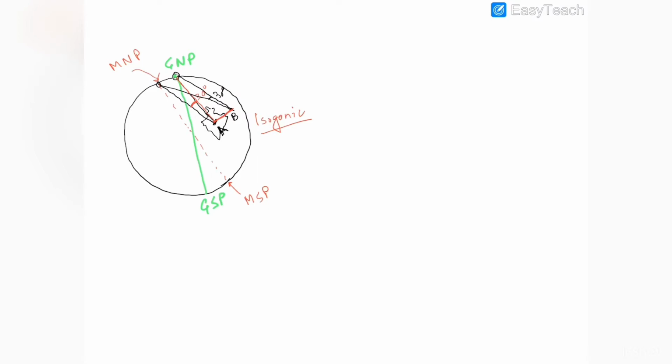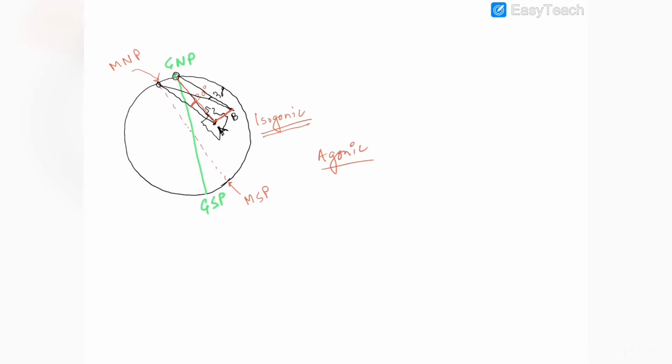Isobath, the line joining the areas of the same depth. Exactly, this is isogonic, the line joining the areas of the same declination. Similarly, if we find places with zero magnetic declination, then the line joining such places will be called an agonic line. These are the definitions you should remember.